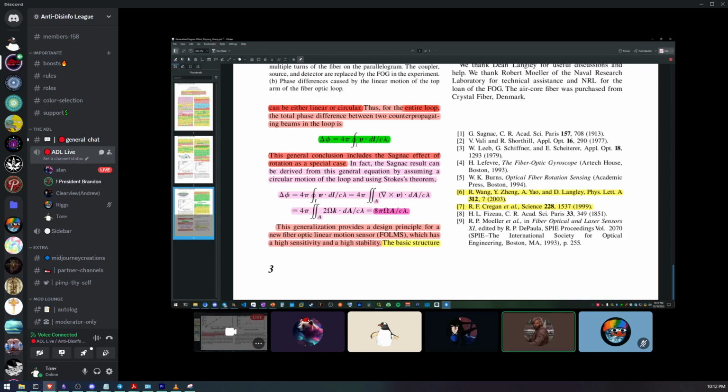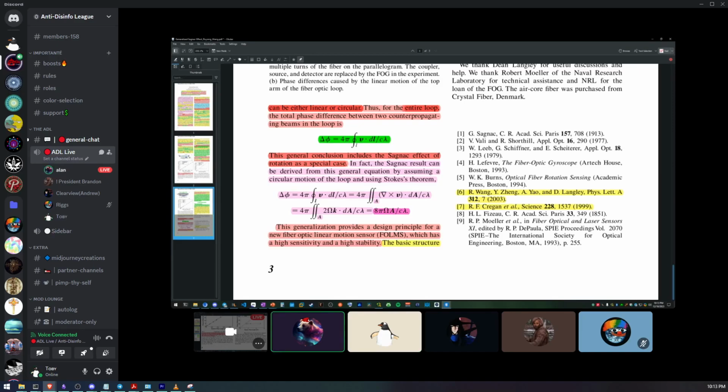What is, again, I'm sorry to ask this, but what is again the dl over c? What's that other symbol again? Lambda. So lambda here would be the wavelength of light, like their predicted phase difference. The wavelength? The wavelength. Okay, my bad. Thank you. Yep, you're good. And then this stuff over here is like the length of the fiber optic cable and the velocity, or the speed of the motion that it's experiencing.